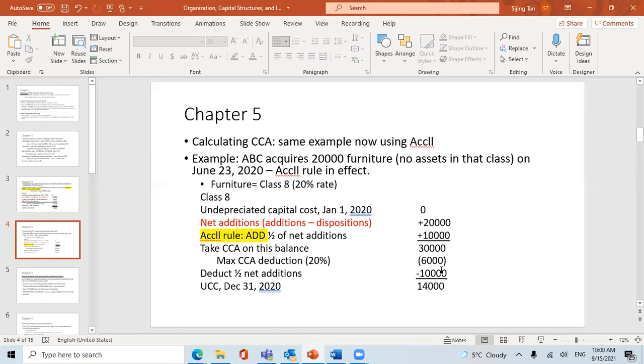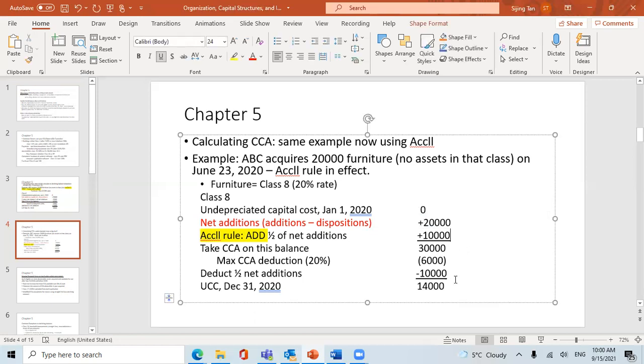Now, because we already added back $10,000, to close for this year, we need to deduct the $10,000 of half of the net addition. It gives you the UCC on December 31st of $14,000. So think the same way: you spend $20,000 for furniture, and during the year you have a CCA deduction of $6,000.